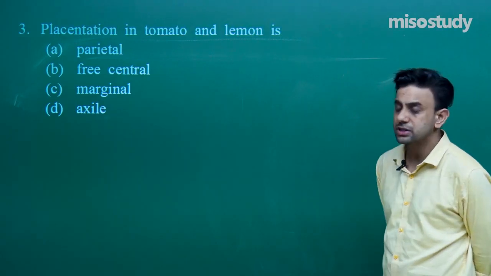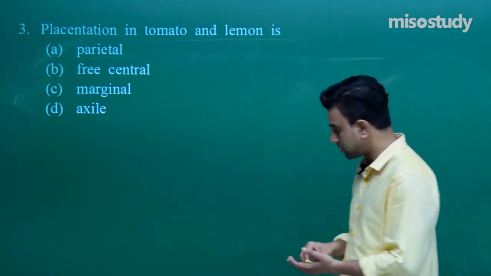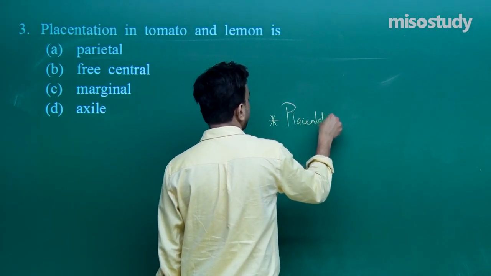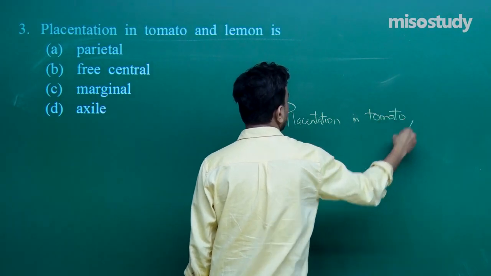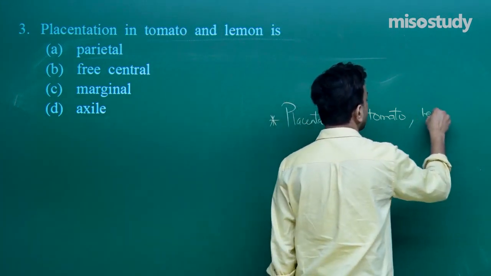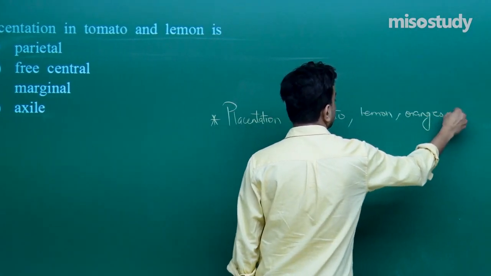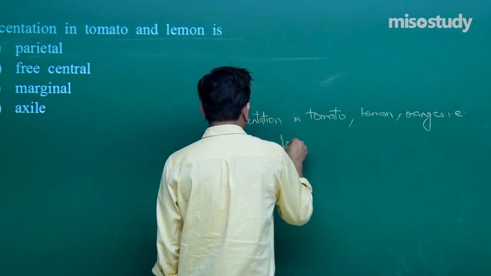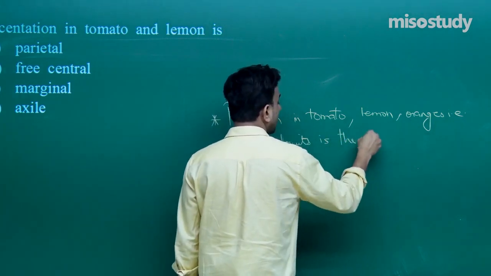Okay, so placentation in tomato, lemon and oranges, that is basically citrus fruits, is axile placentation.